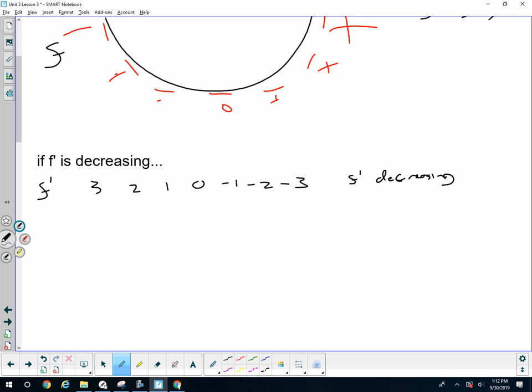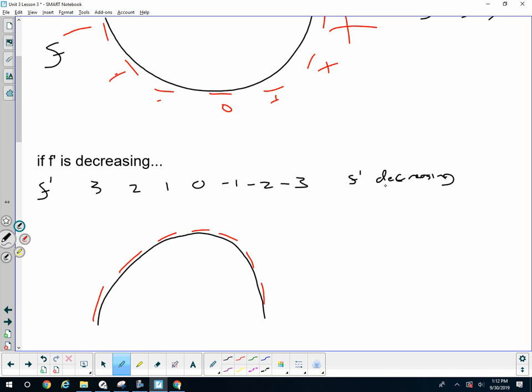Thank you. So if my tangent slopes are 3, then 2, then 1, then 0, then -1, then -2, then -3, you can see my function has to look like that. Right? Okay.